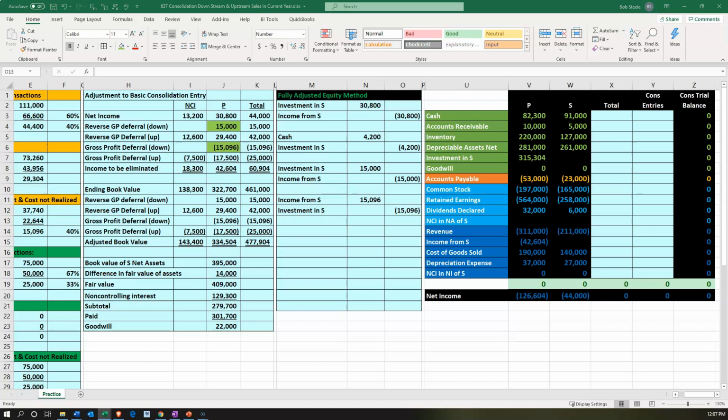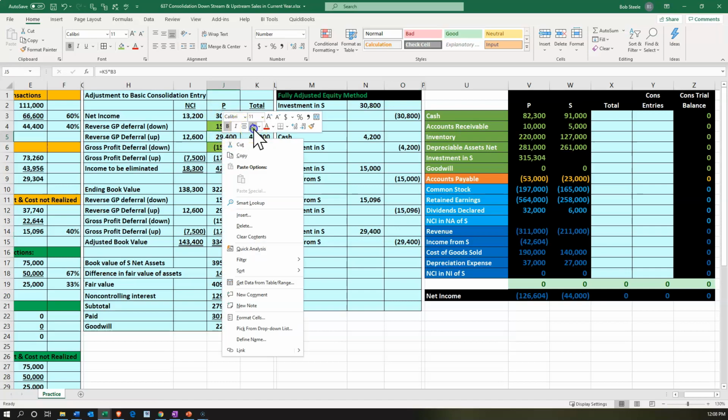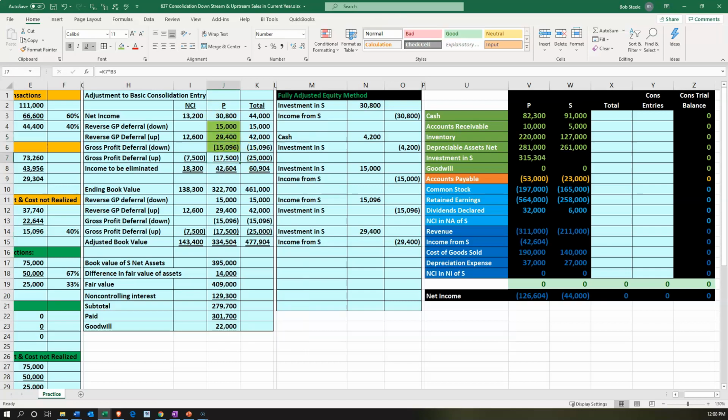Then we're going to be considering these two that are going to be taking place here. So that's going to be investment in S and income, and that's going to be the 29.4. And there we go on that one. So that one's been taken care of, which is nice.